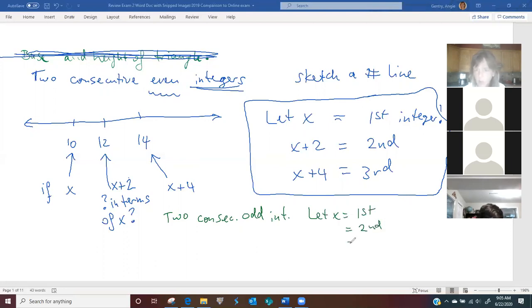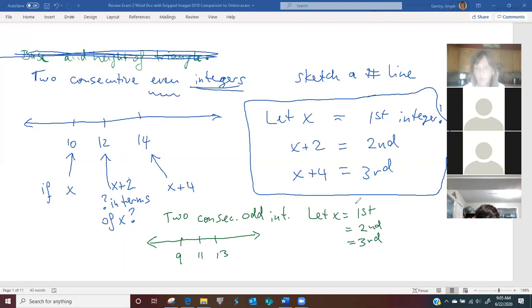I need a second and a third. I'm doing this kind of fast, but then you draw your little number line. Now give me a number that is an odd integer. 9, 11. So you have a 9, you have an 11, and you have a 13, consecutive odd.